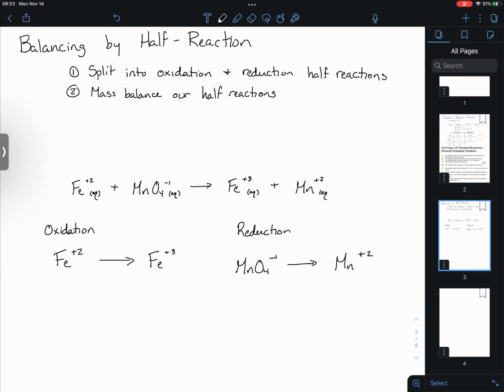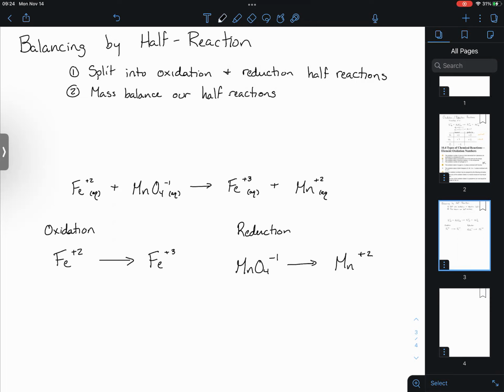We'll talk about our oxygens here in a minute. We're going to include some things that aren't originally in our equation, like water. But step one, we're going to mass balance our half reactions.